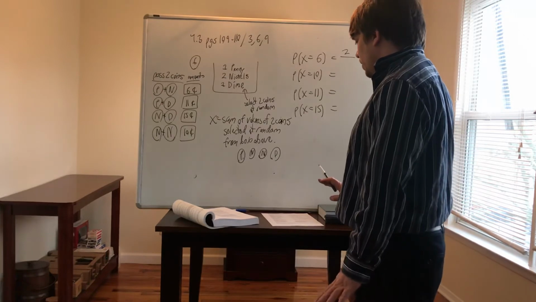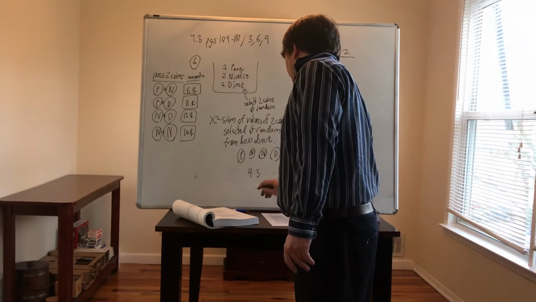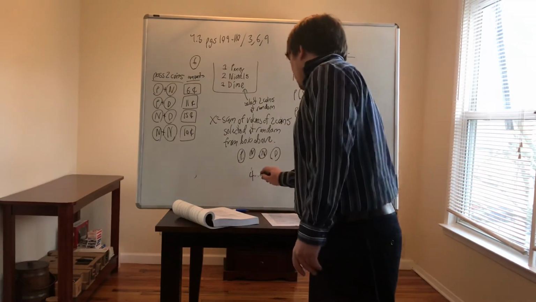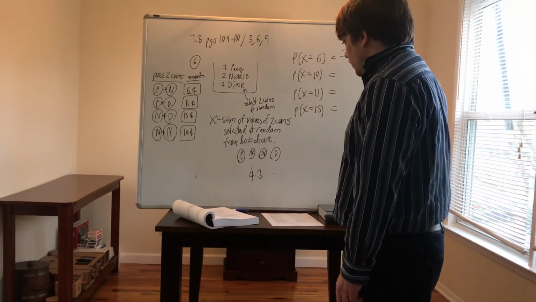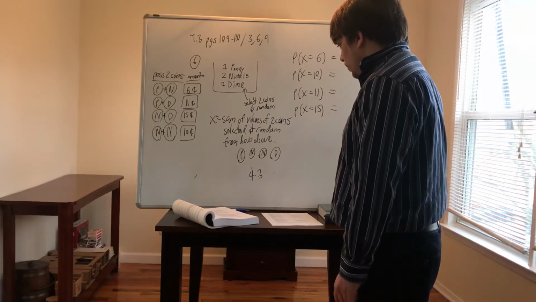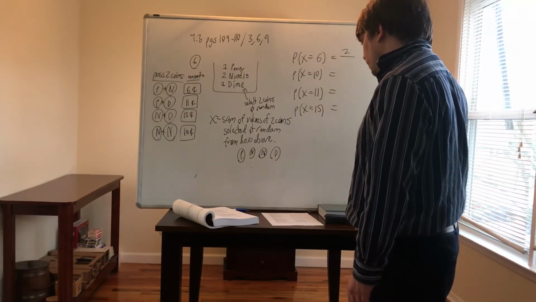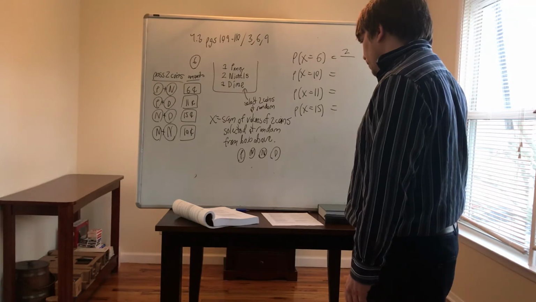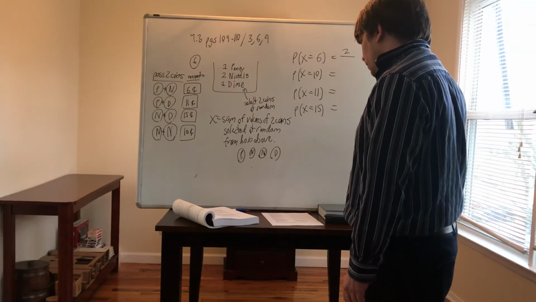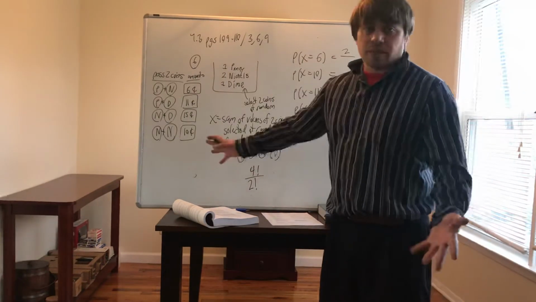And the number of ways to choose any two coins would be, you have 4 choices for the first coin, because there's 4 coins, and there's 3 left for the next coin.